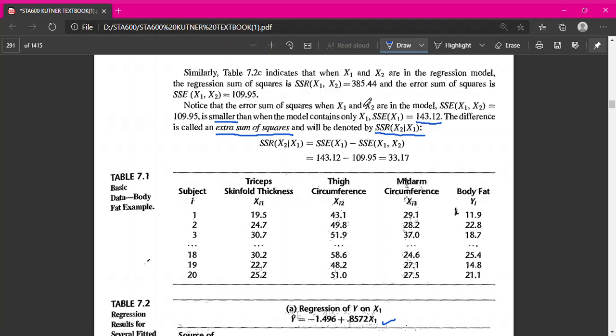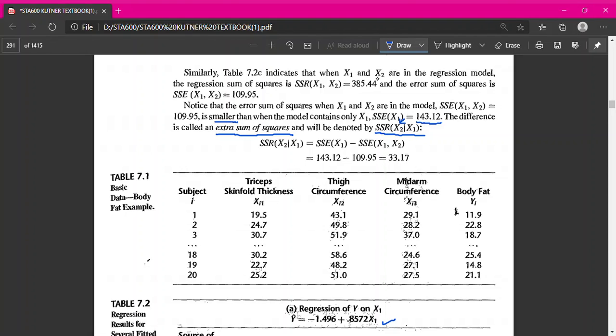Okay. So extra sum of square measures the reduction in the error sum of square when one or several predictor variables added into the model. So notationnya adalah this one, contohnya kat sini SSR X2 given X1 adalah extra sum of square when we added X2 while X1 is already in the model.